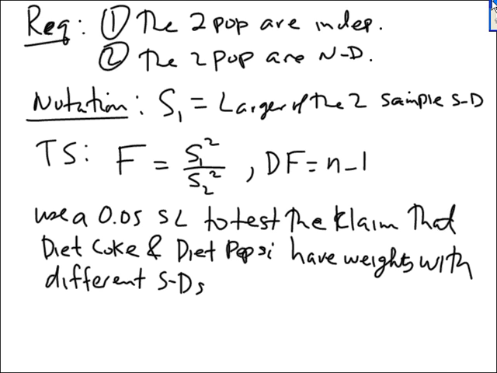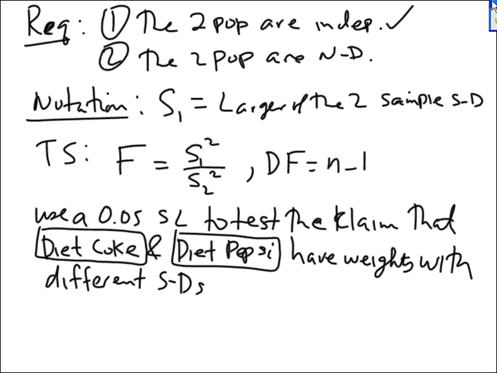So, if you had the sample weights of some Diet Cokes and you have sample weights of Diet Pepsis, you can't pair them up. So condition 1 has been met.